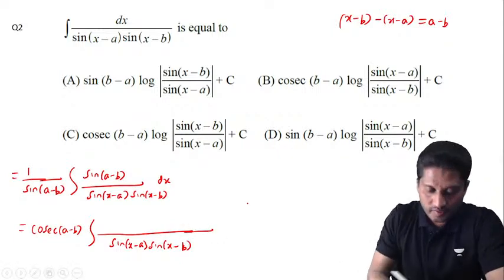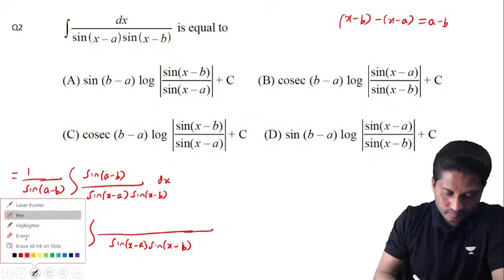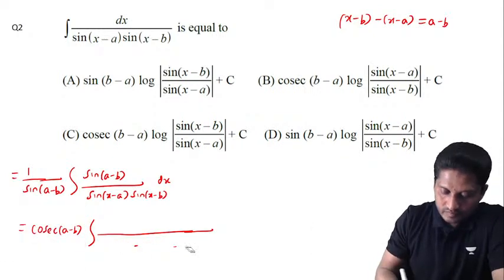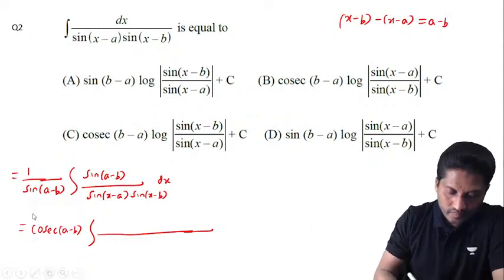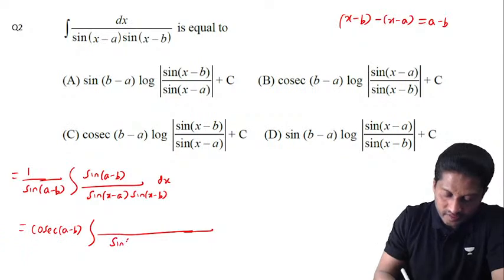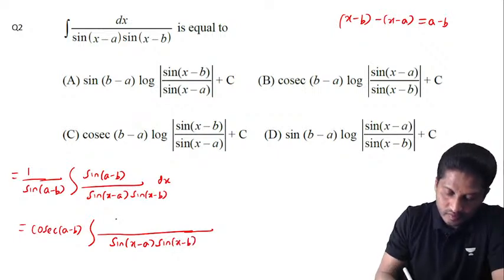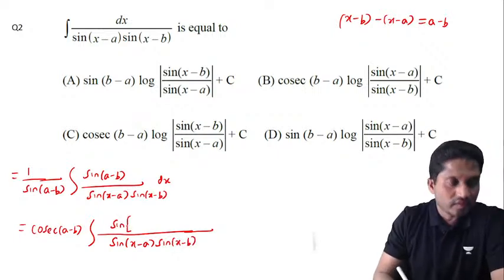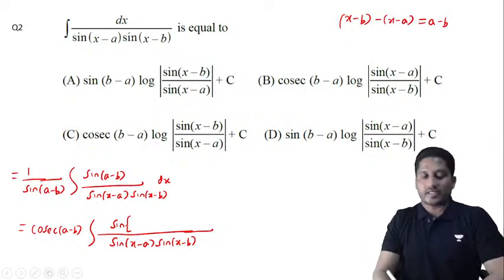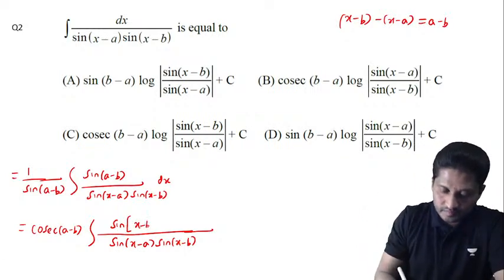Now this numerator can be written as sine of a minus b, which can be written as sine of x minus b minus of x minus a, and then dx.